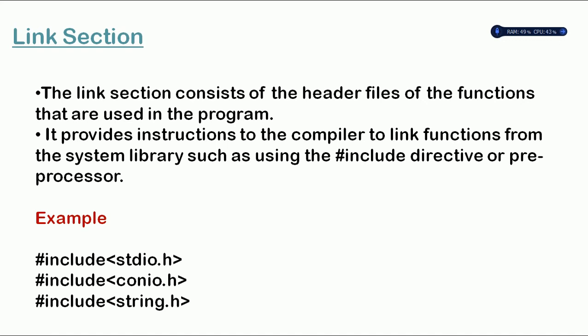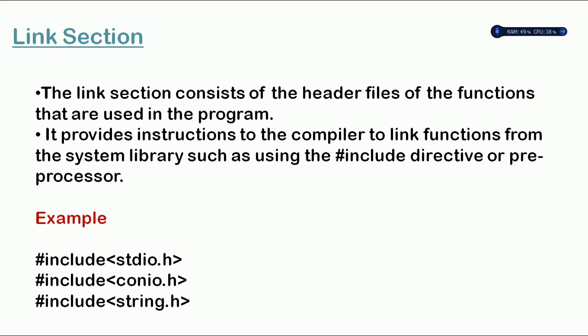Those header files consist of predefined functions. Whenever we want to use those functions, we can use them directly in your program without giving any logic to implement them. It provides the instructions to the compiler to link the functions from the system library. I already said everything is available in your system library.